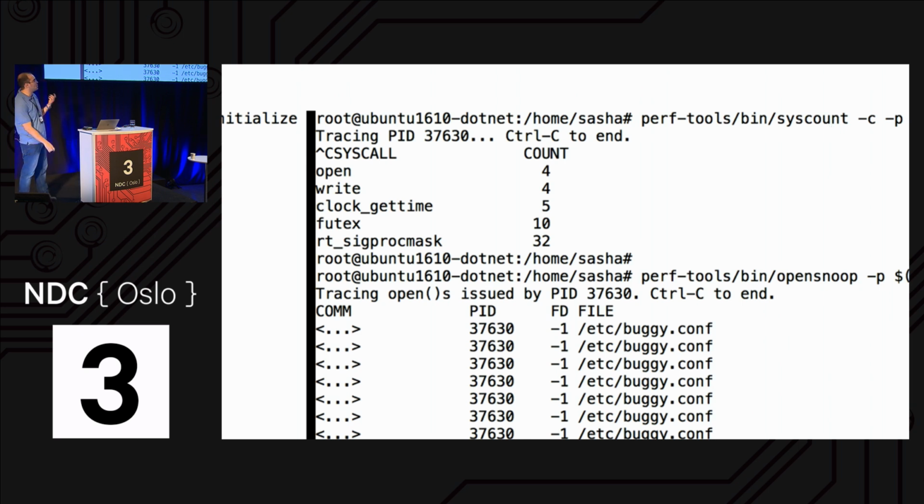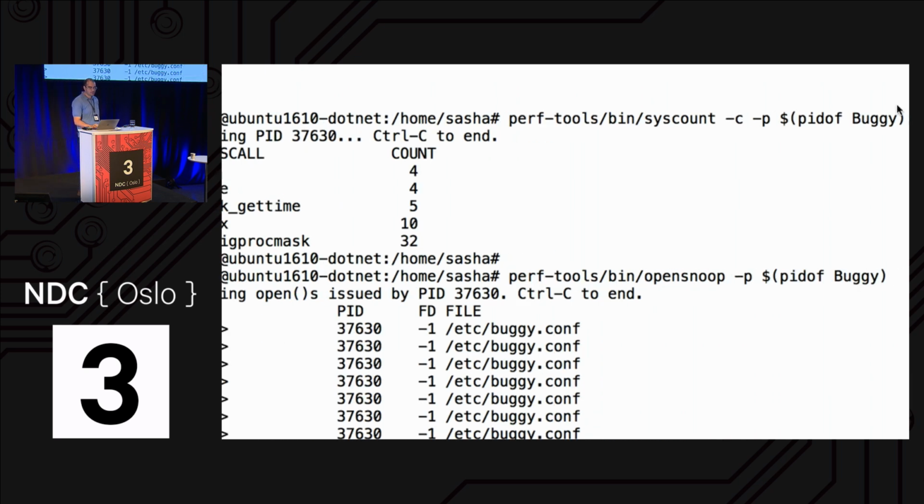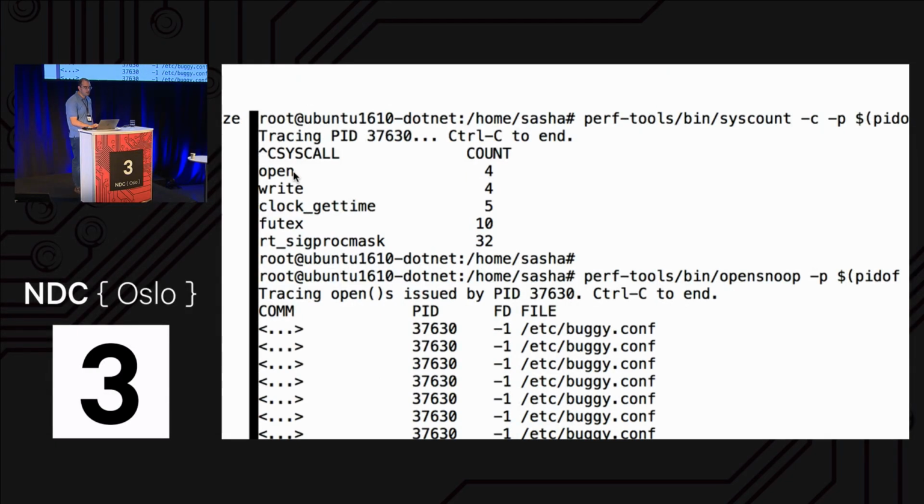I can attach it to a process, and it will display all the system calls this process is making, aggregated by number. So I can see in the output here that this process has made 4 open syscalls and 10 futex syscalls and so on. Every system call, every interaction between user and kernel space, is counted.